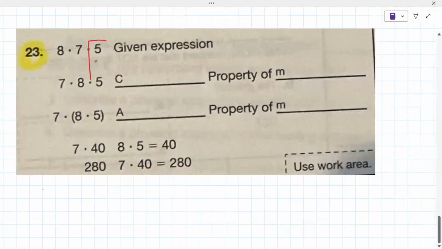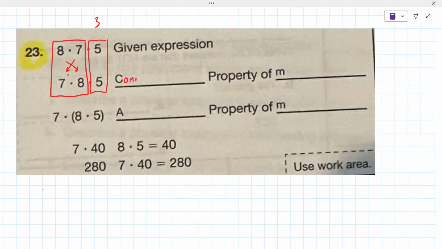Do you notice that the 5 is in the same position? It's in the third position. Yeah. What do you notice about the 8 and the 7? They're swapped. Yeah. So the idea is that order doesn't matter in multiplication. When you multiply, the order does not matter. They're switching the order.